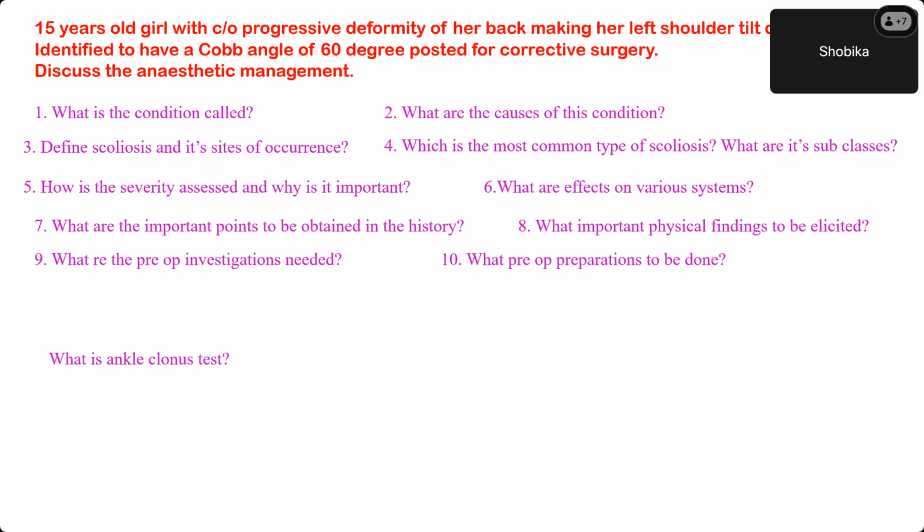Is there any preparation needed to discuss with the surgeon? Preparations regarding blood loss, one regarding blood replacement, second is regarding neuromonitoring. Do you have to discuss? Yes, sir.